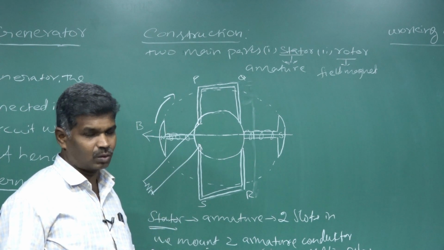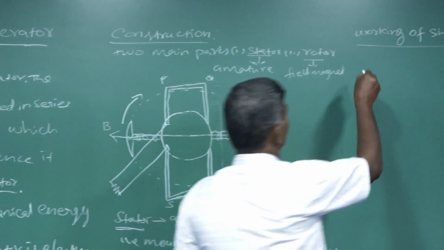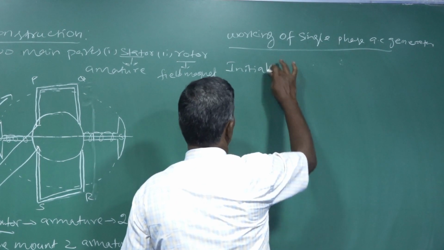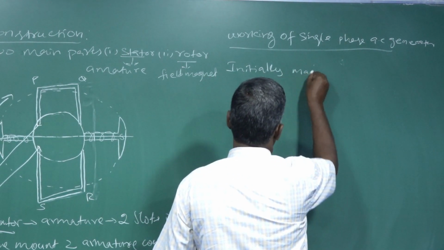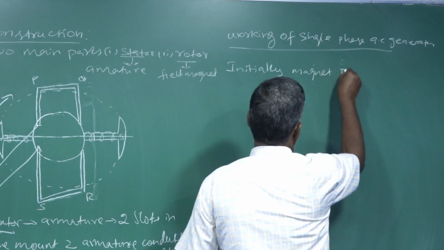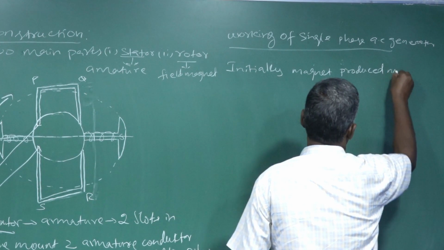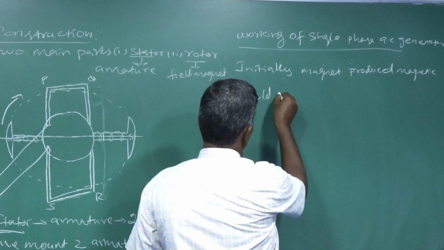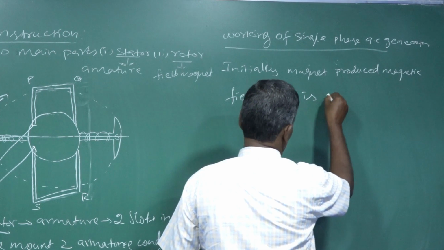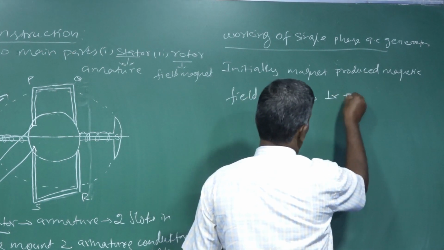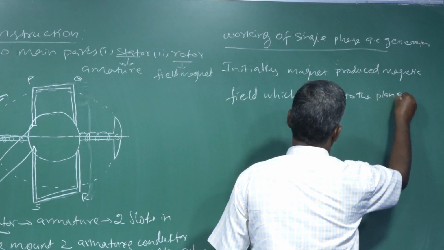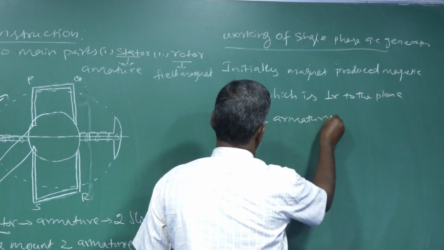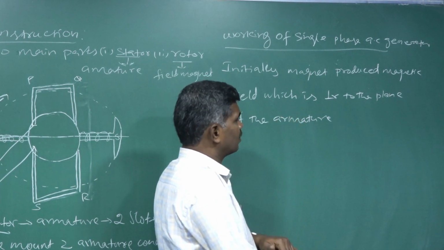So in our working, initially the magnet produces a magnetic field which is perpendicular to the plane of the armature. Initially we position it like that.